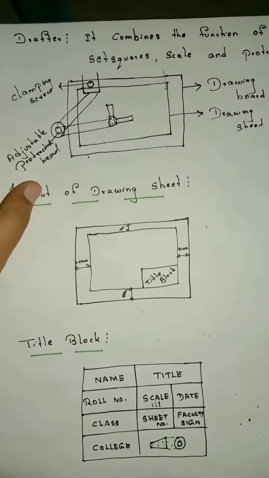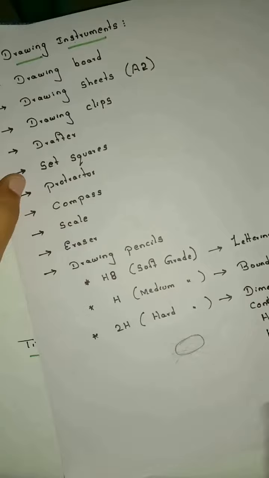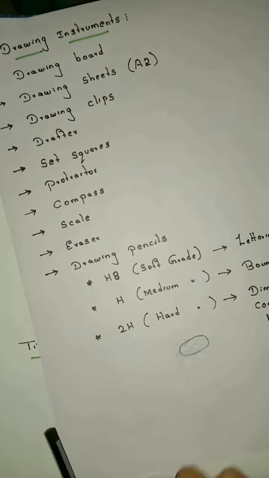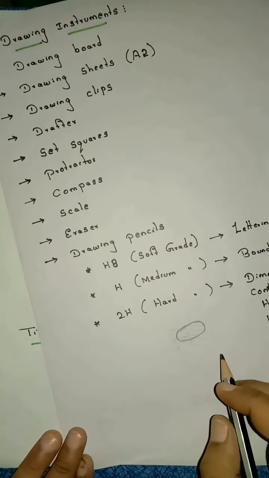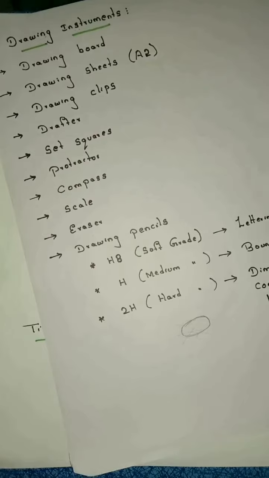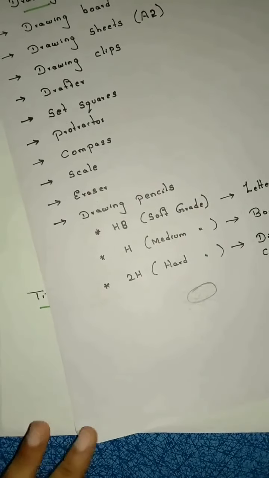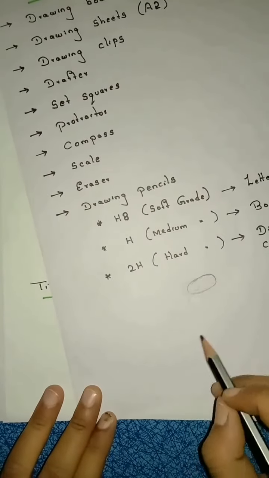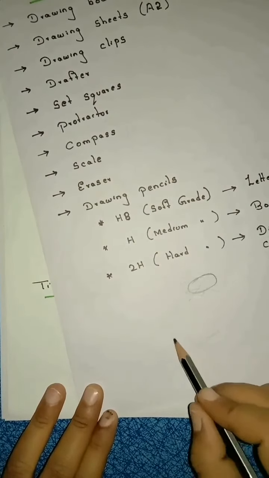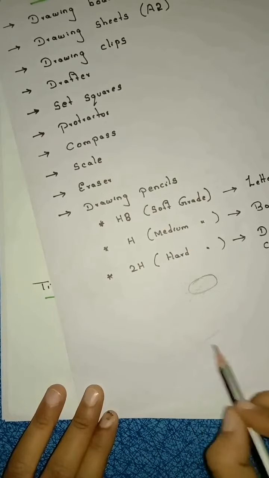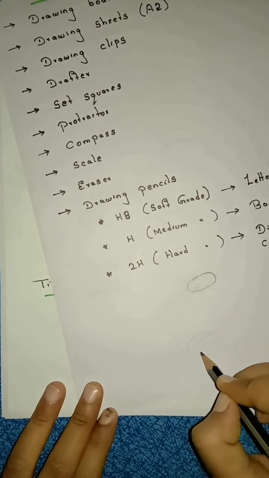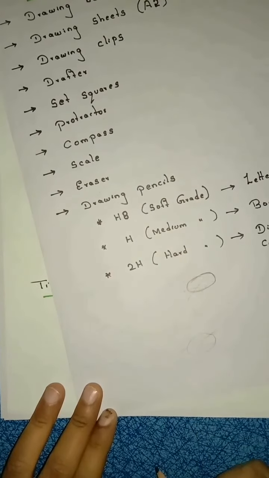Now see, when I'm talking about drawing pencils, what I said is the output of the diagram should be dark and everything else should be light, right? Already I said, in order to draw the ellipse I have to follow all these lines, and if I join all these intersection points I will get the shape of the ellipse, right?